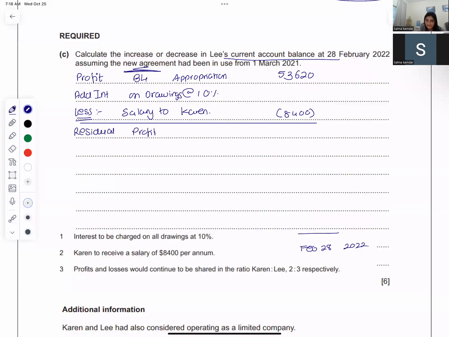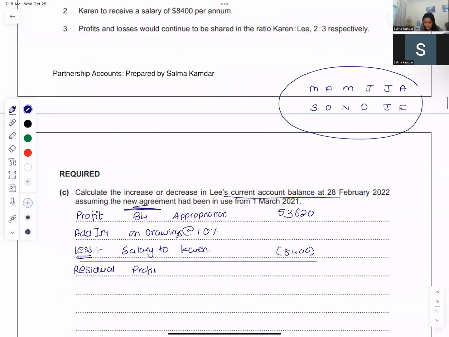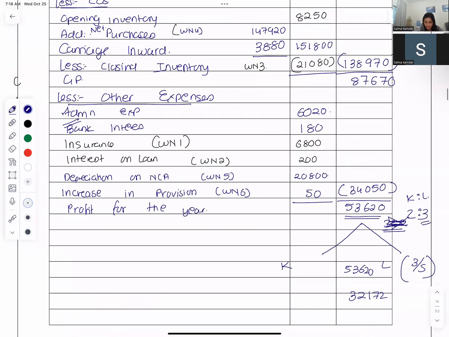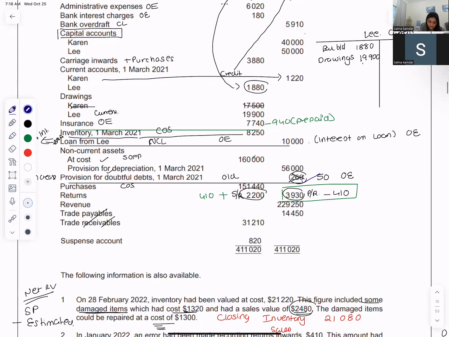Check what would be the interest on drawings. Drawings for both I have to consider. So drawings for both is 17,500 plus 19,900. So it is 37,400.